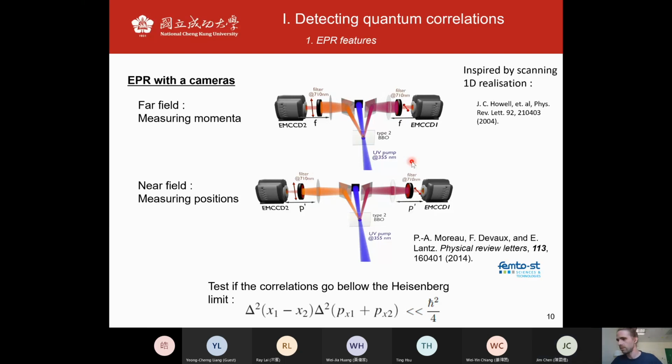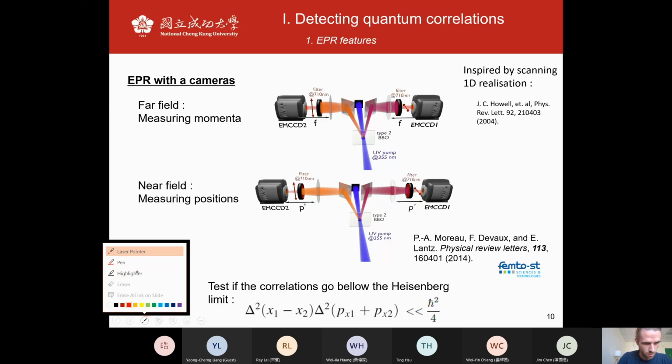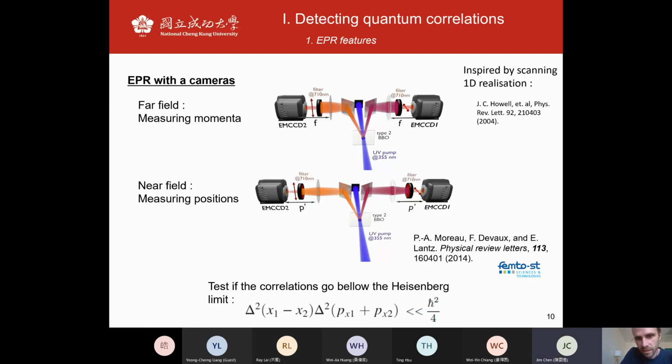Let me try to write it. Basically, the difference between this setup and this setup are this distance and this distance, and as well this distance and this distance. So just by changing this optical setup, we are able to make a different measurement.